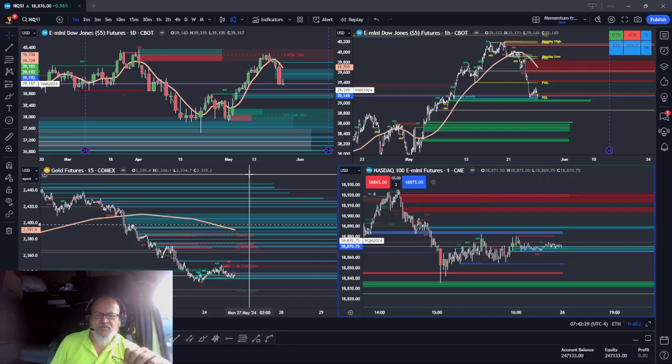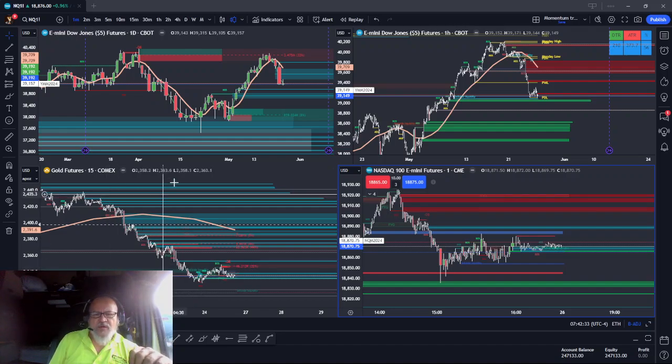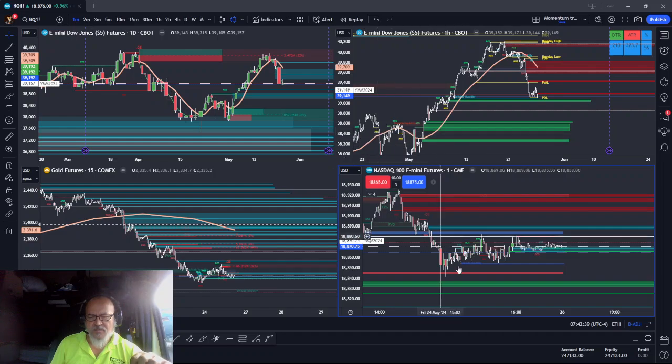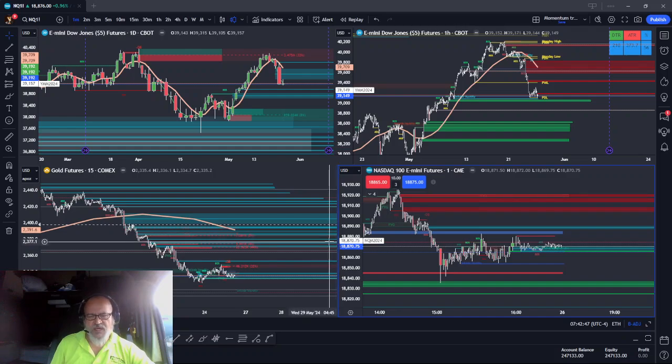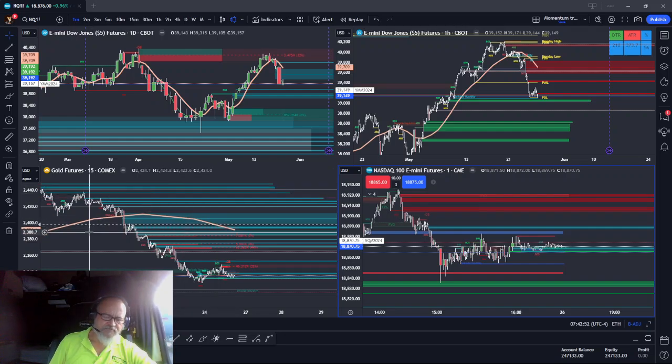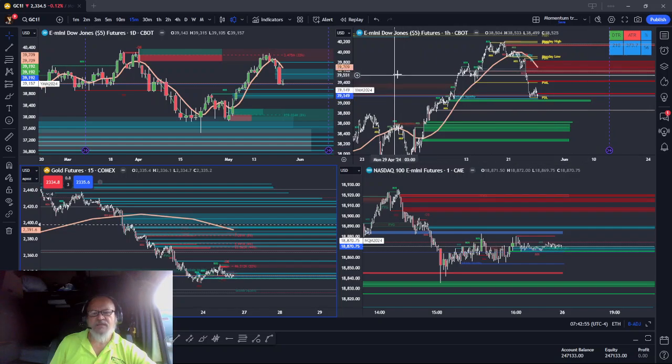I'm going to be adding a few assets because not every chart is going to have a tradable setup every day. So I would like to have some other assets on, probably adding platinum as well as gold, and probably the euro for currencies and Ethereum for crypto.